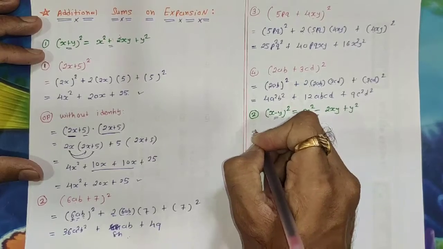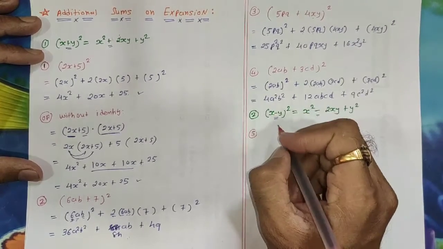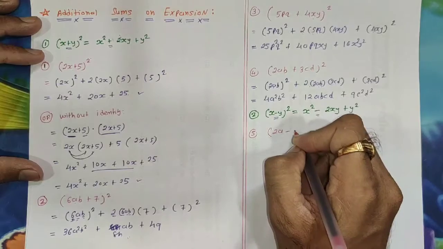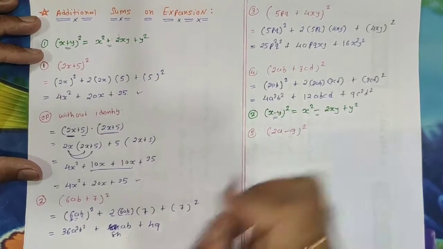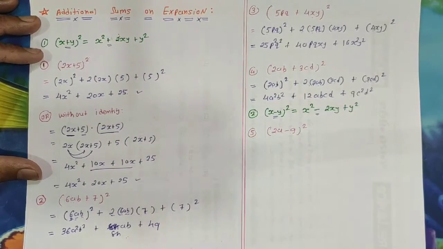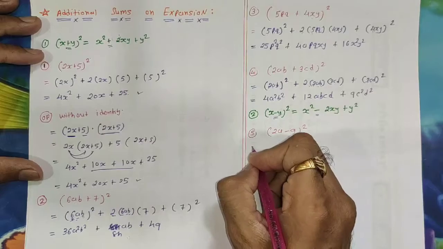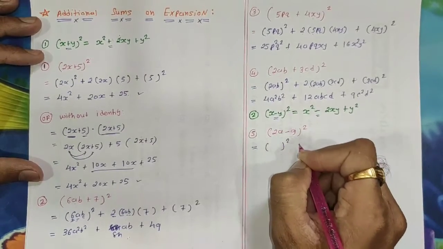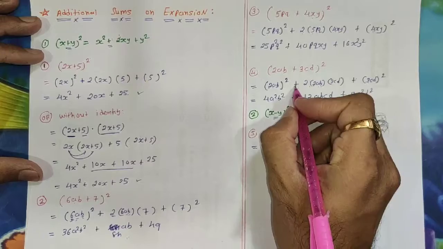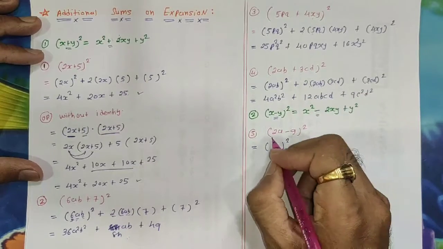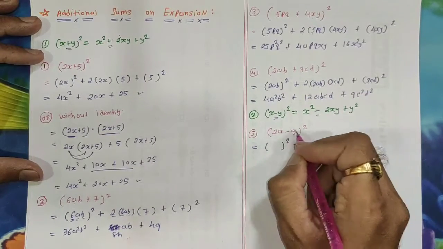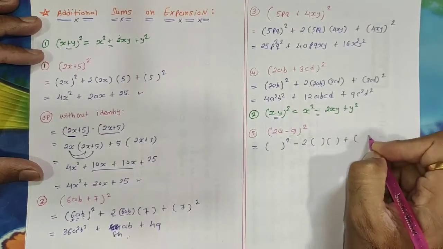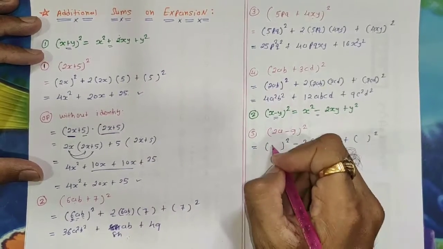Question number 5. Suppose we have to perform the expansion of 2a minus 9 whole square. Here, putting the formula of this identity, which is first term square, now a minus sign is there instead of a plus sign. So first term square minus 2 into first into second term, plus second term square.